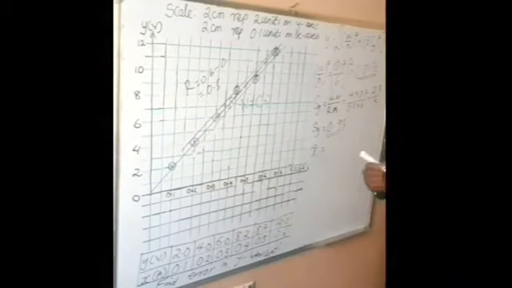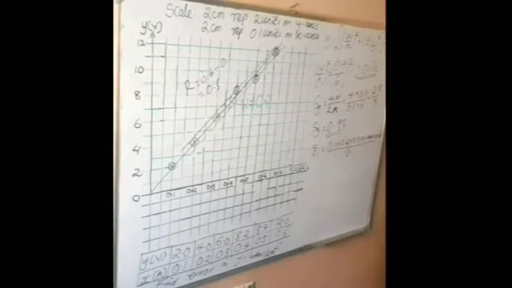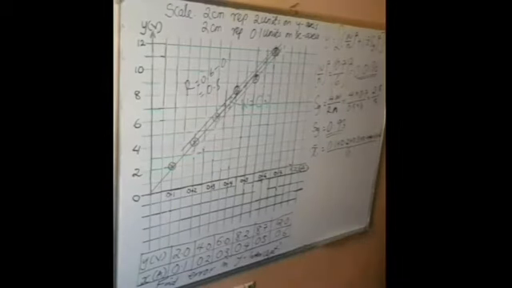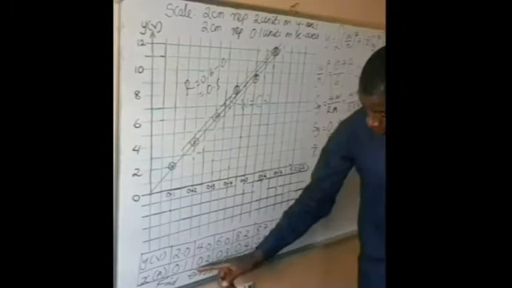So we will have 0.1 plus 0.2 plus 0.3 plus 0.4 plus 0.5 plus 0.6, all over the number of outcomes, which happens to be 6, because we have 6 plotted points.